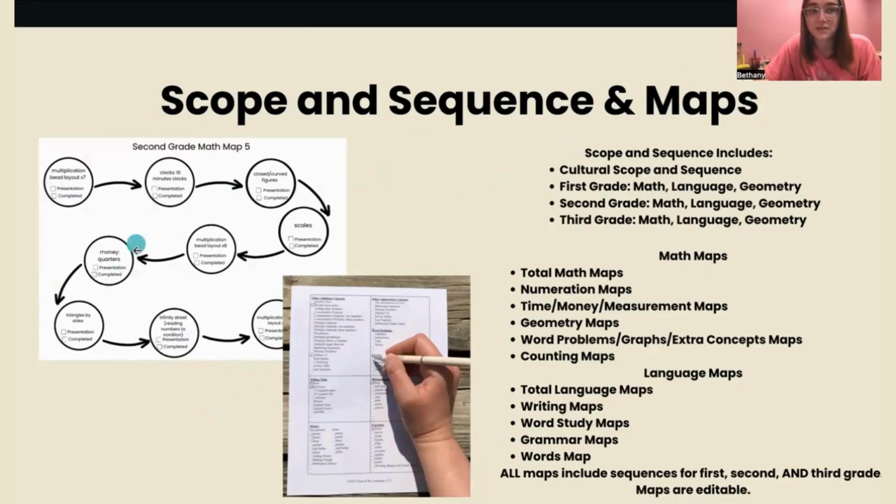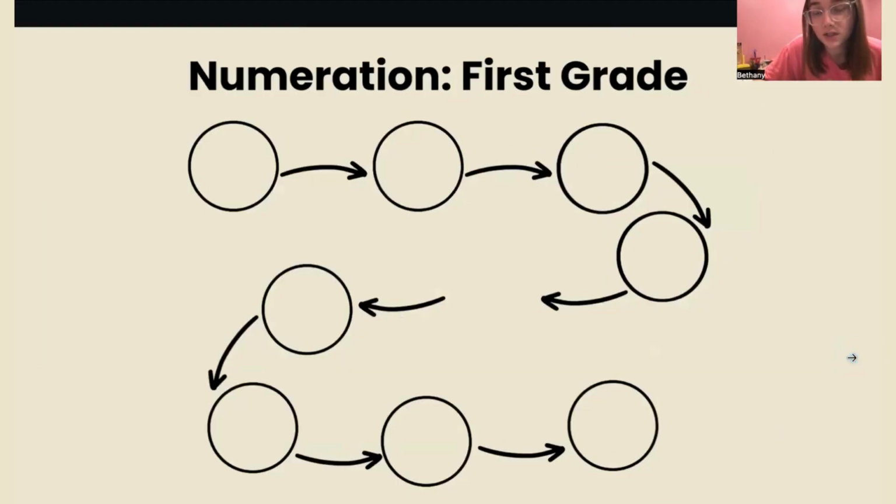So I scrunched down my list of those and just have it in one map on here, although these are just the things in numeration and the flow, but there's also always extra things in the math maps and everything because each map, especially for each grade, like I said, has about average 8 to 10 pages in it. So that's that.